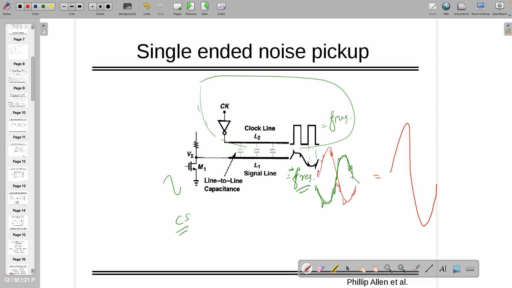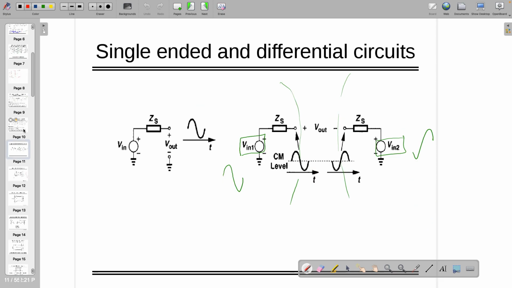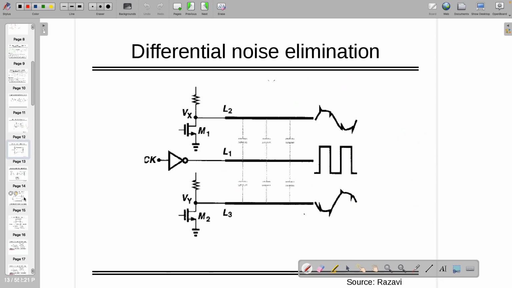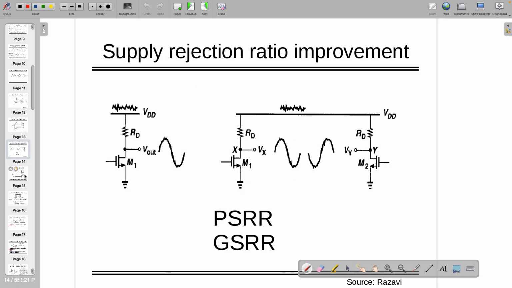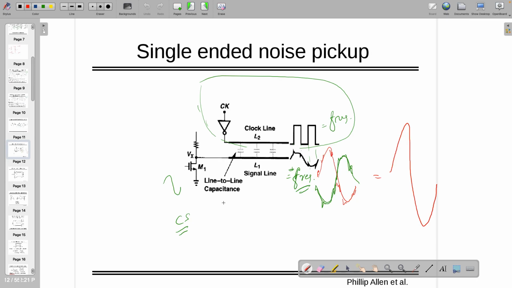Any other thing? Because Razavi is saying something else. Third option, maybe, I don't know, I haven't seen this slide for one year, so I'll see what he has done. Okay, same as what you are suggesting. But one more solution is possible by the way. I thought in Razavi we can do this one also.